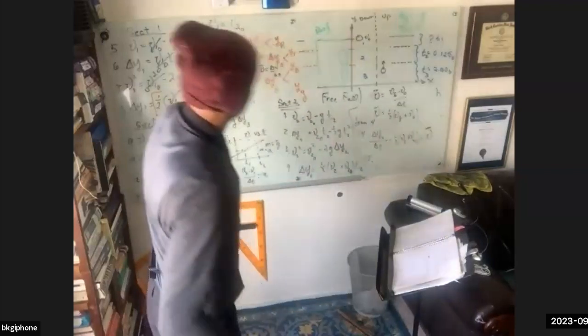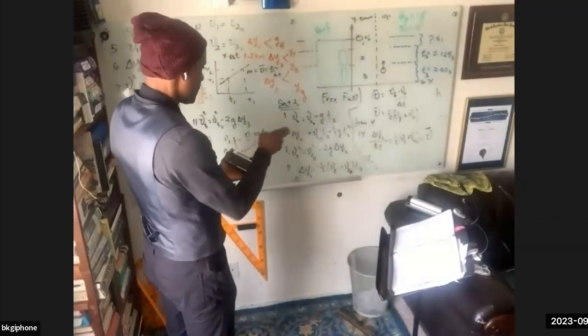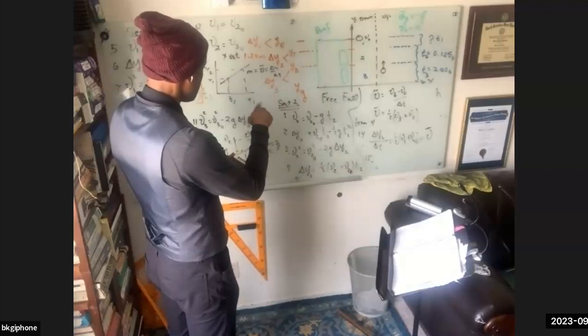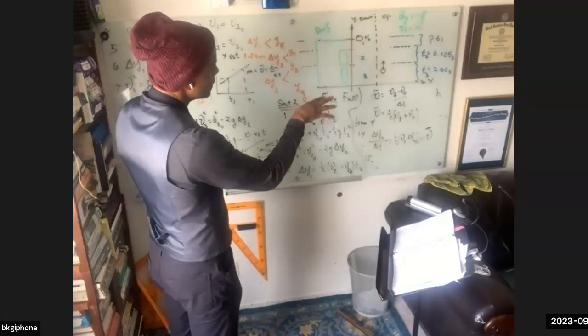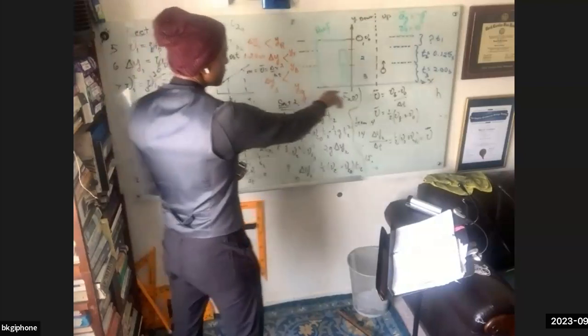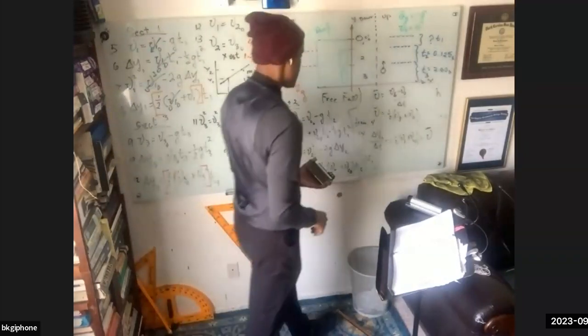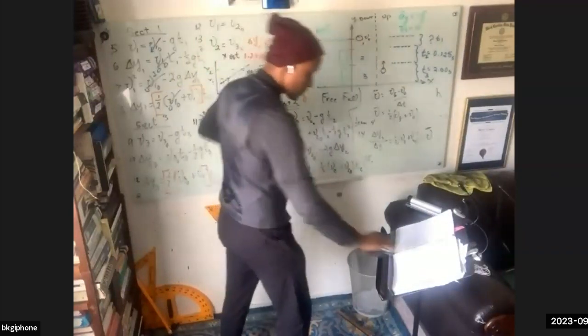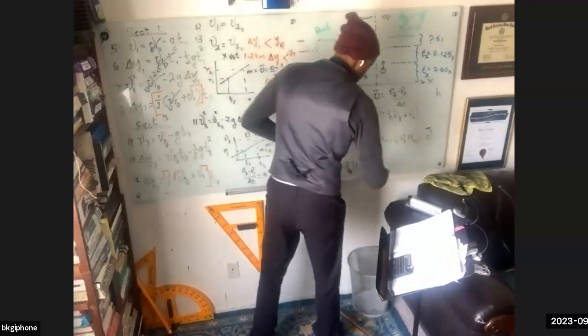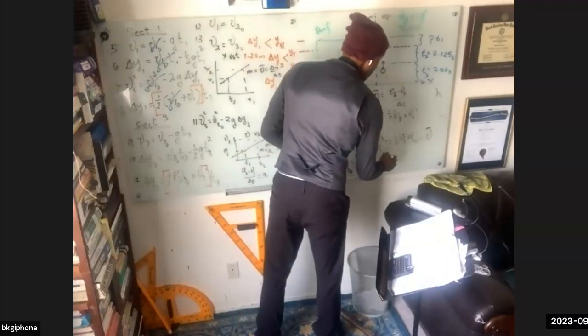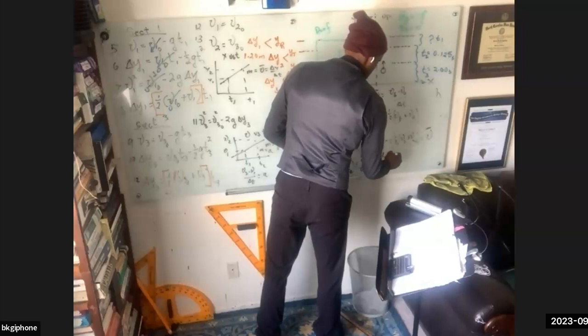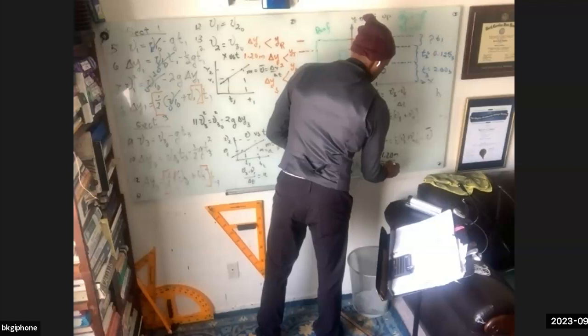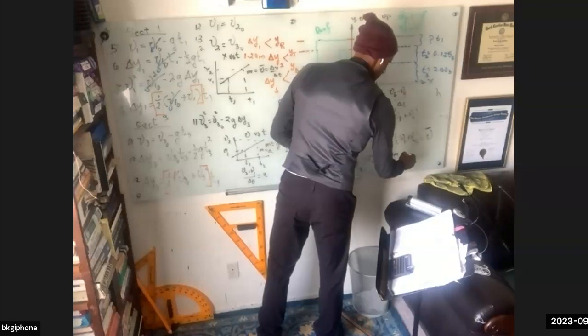I don't know, what is it? 1.20 meters divided by 0.125 seconds, equals whatever the number is.